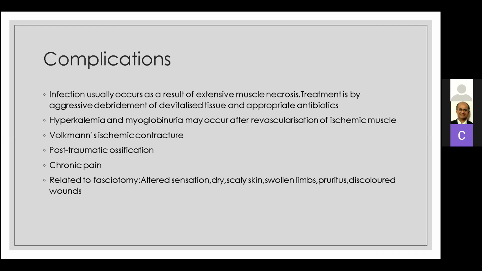And then Volkmann's ischemic contracture, that is the claw-like deformity of the hand. A similar condition has also been described for the foot, for patients who had a compartment syndrome that was basically left untreated.